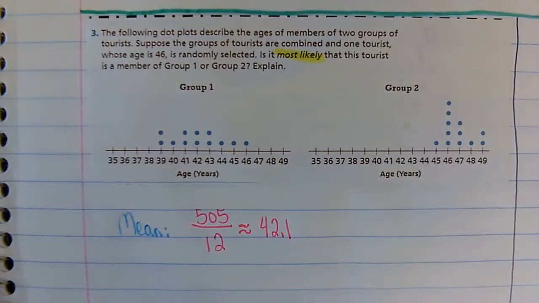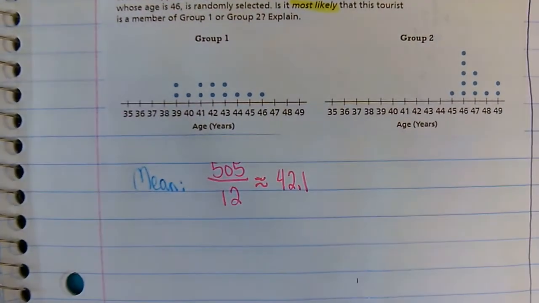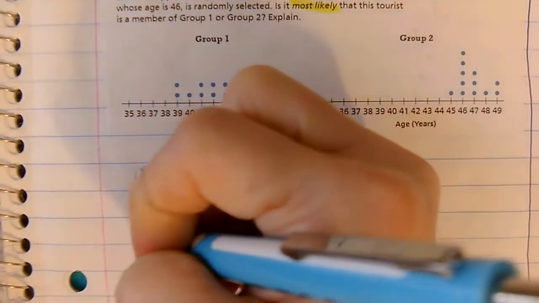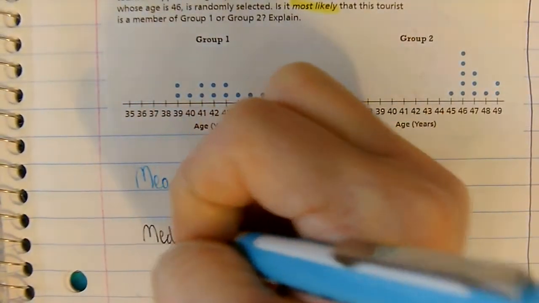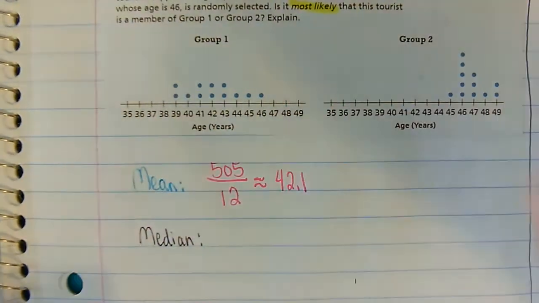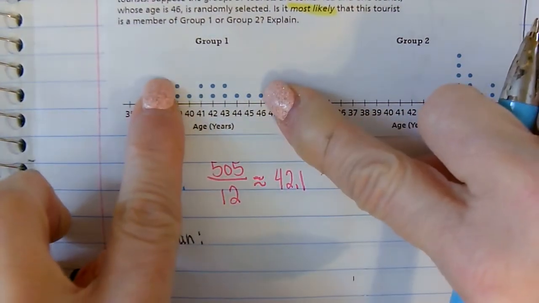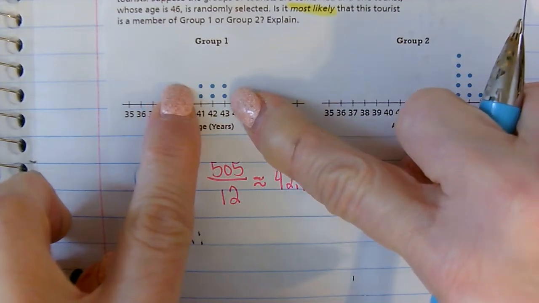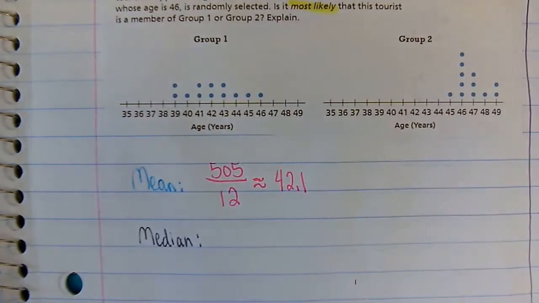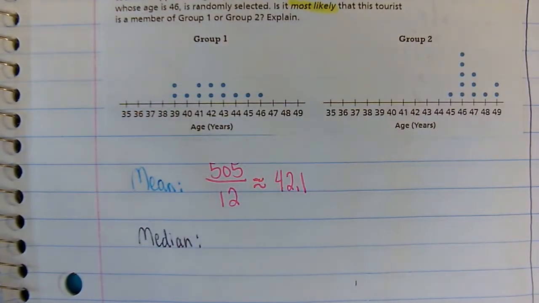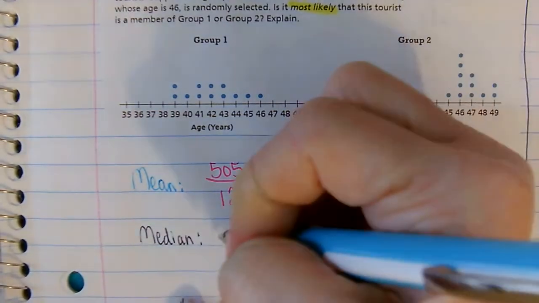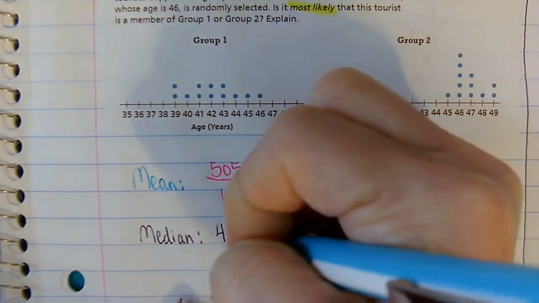Okay? Let's continue. The median, which is the middle number. You can find that by marking these off and working your way into the very middle. And once you get to the middle, you'll find that the median is 42.